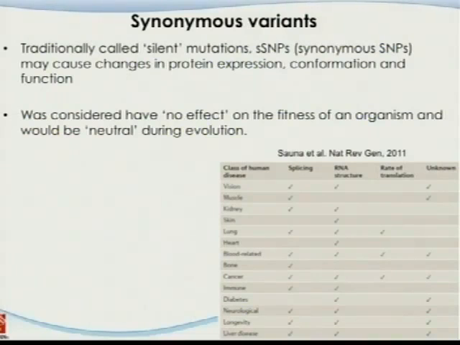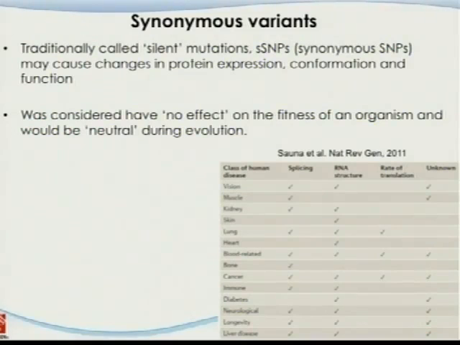This table lists most of the currently known synonymous variations that cause different diseases. You can see vision, muscle, kidney, and each individual tissue with human disease potentially has a lot of synonymous variations discovered in previous studies that can cause disease.